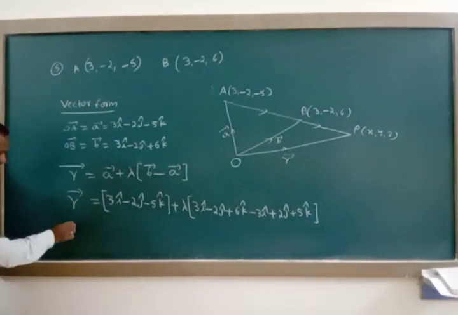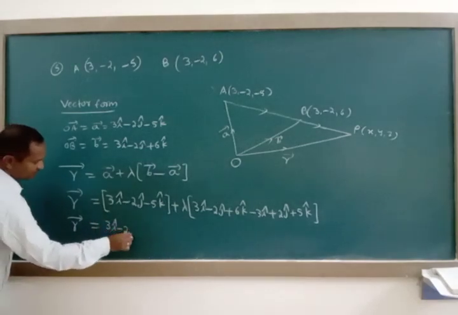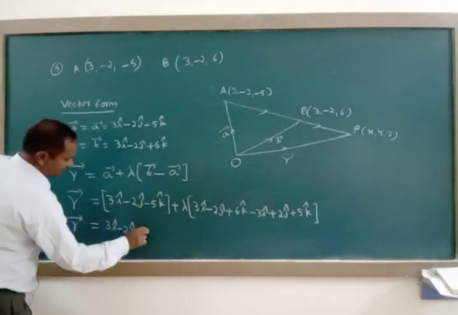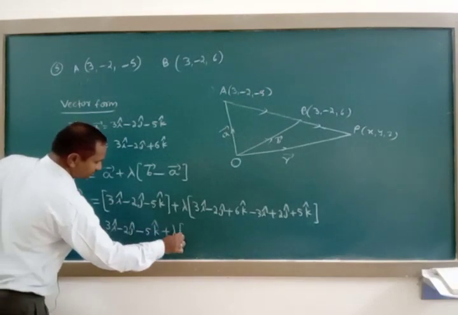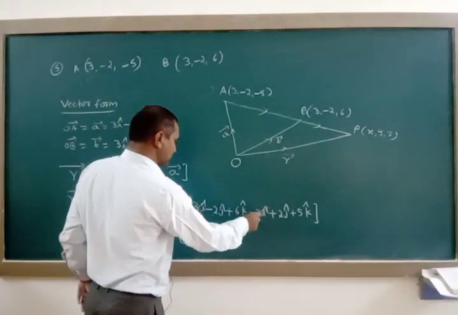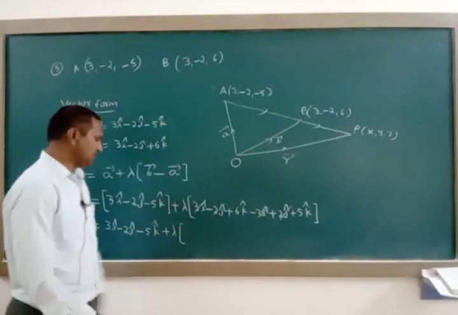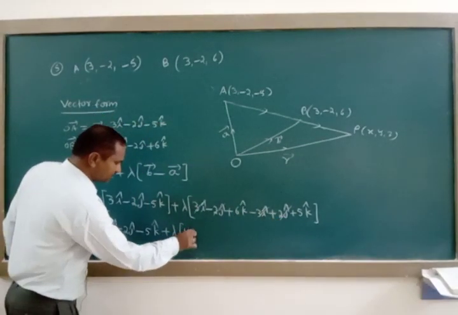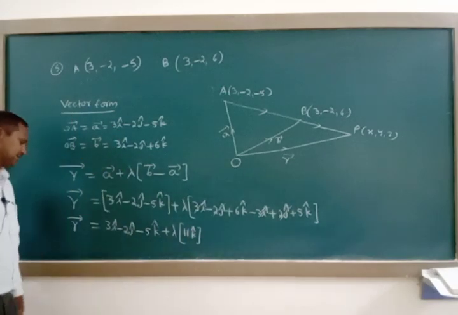R vector equals 3i cap minus 2j cap minus 5k cap, plus lambda into (3i minus 3 gets cancelled; minus 2j plus 2j gets cancelled; 6 plus 5 is 11k cap). The remaining gets cancelled.